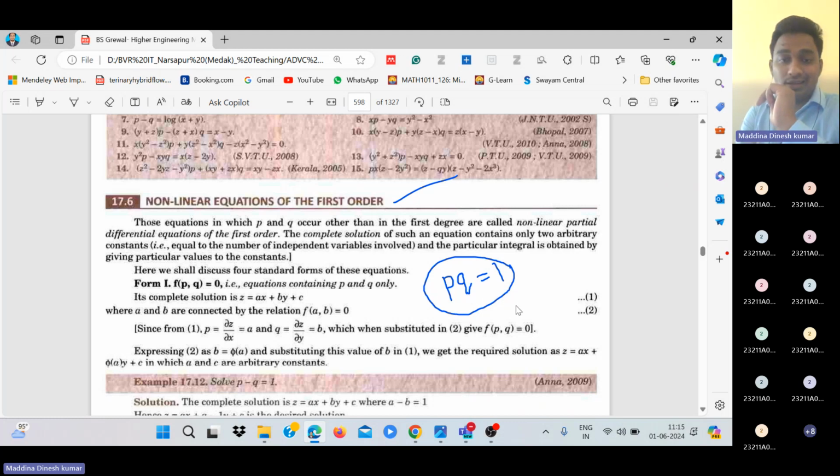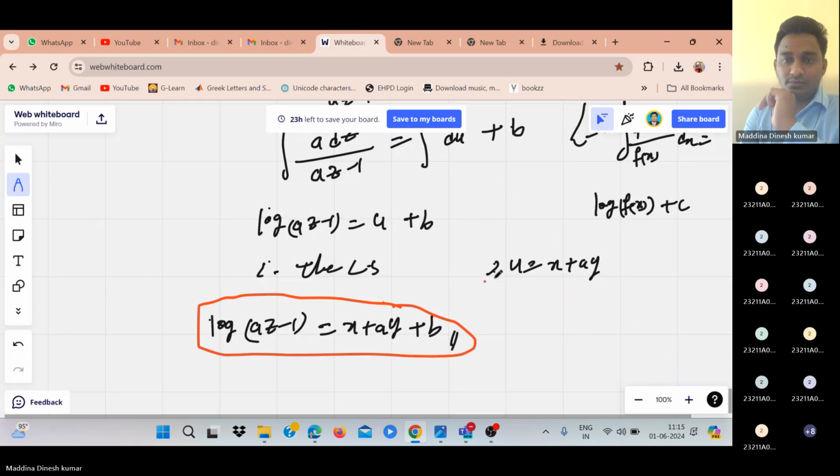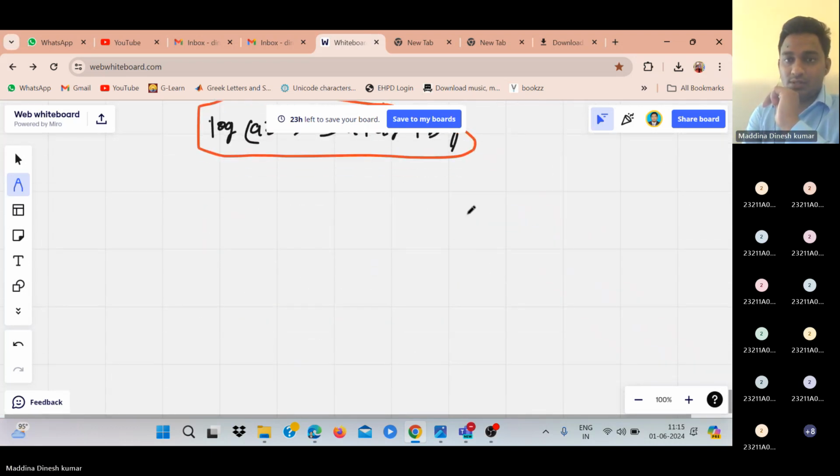Otherwise, it is linear. Here is an example of a non-linear PDE.